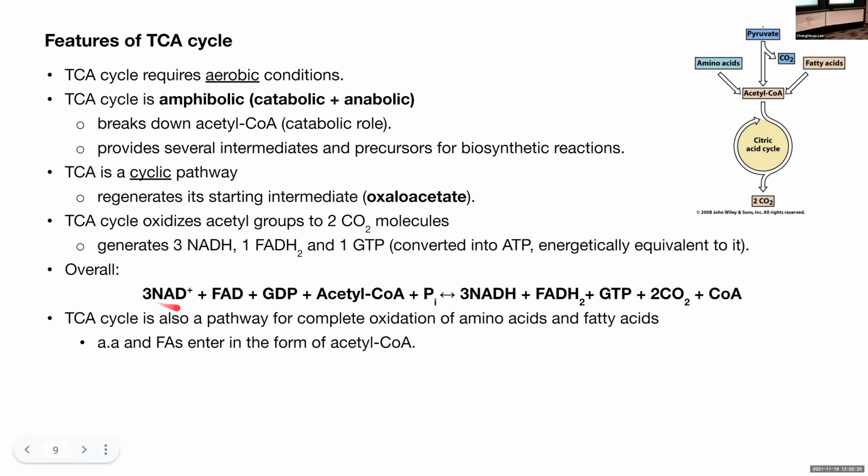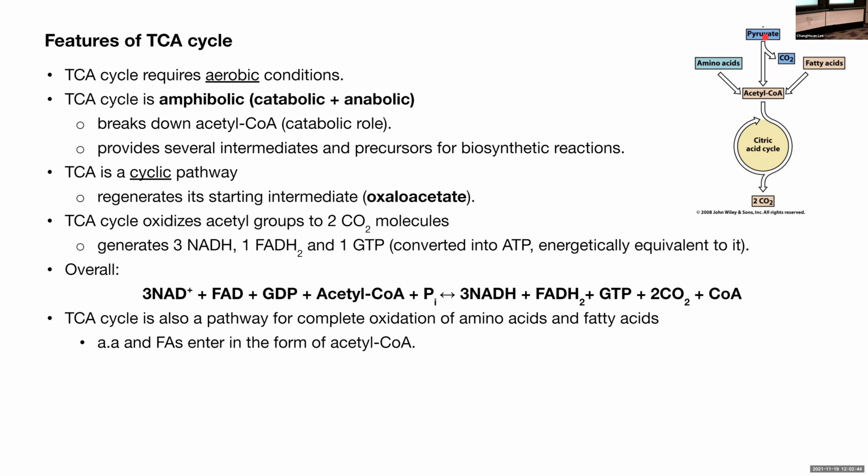So the overall reaction is right here for the TCA cycle, where you basically get the acetyl-CoA here, and make it into the 2 molecules of carbon dioxide, and a bunch of coenzymes or electron carriers here. And this TCA cycle is also a pathway for complete oxidation of amino acids and fatty acids too.